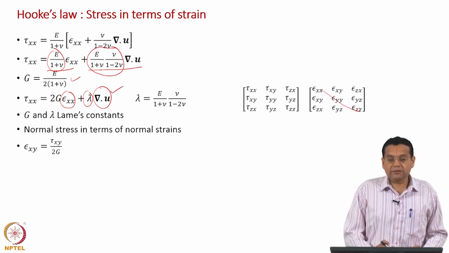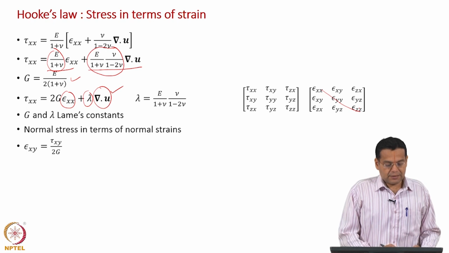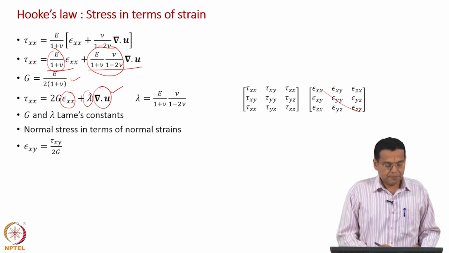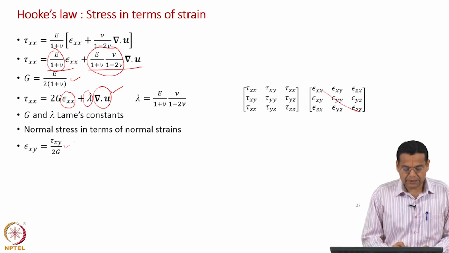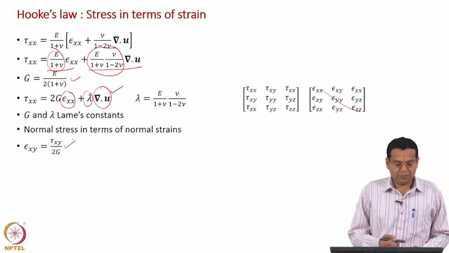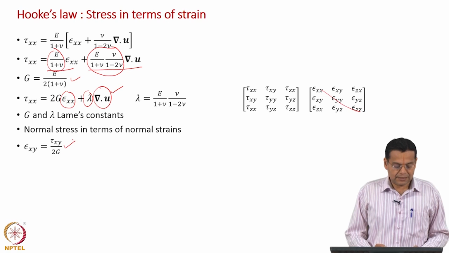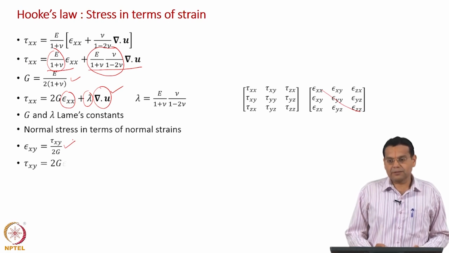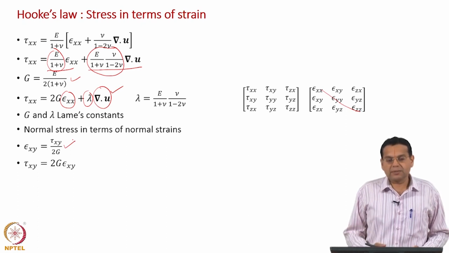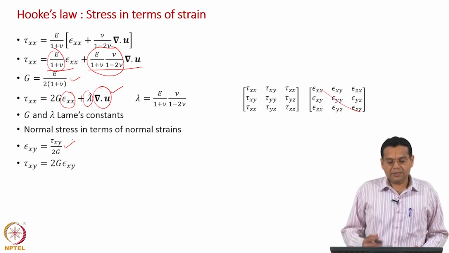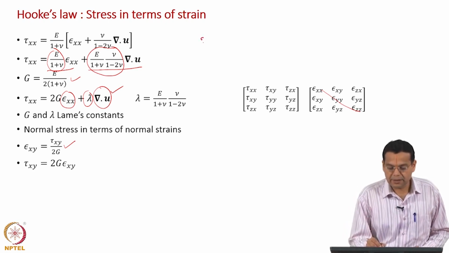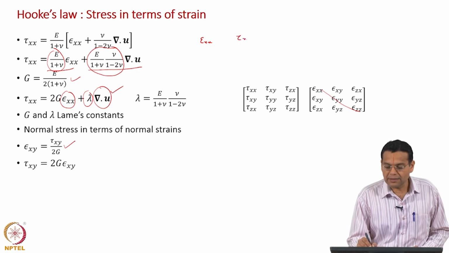For the case of the shear strain and shear stress relationship, we have seen epsilon xy is equal to tau xy by 2G. So now it becomes very simple: just rearrange and write tau xy is equal to 2G epsilon xy. In the case of normal strain and normal stress, it involved some steps, because the expression for normal strain epsilon xx involved all three normal stresses.